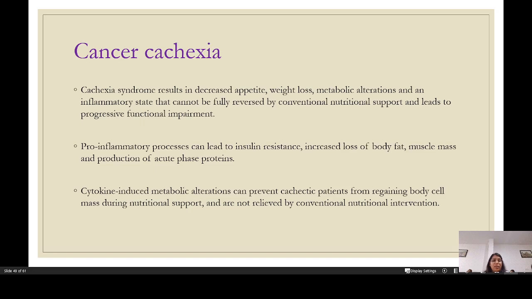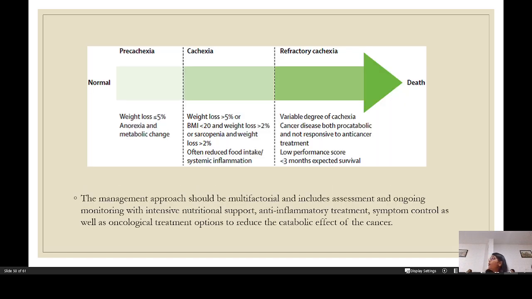Cytokine-induced metabolic alteration can prevent cachexic patients from regaining body cell mass during nutritional support. In the pre-cachexia stage there is weight loss less than 5%, anorexia, and metabolic changes. In the cachexia stage, weight loss is more than 5%, or body mass index less than 20 and weight loss more than 2%, often with reduced food intake and systemic inflammation.